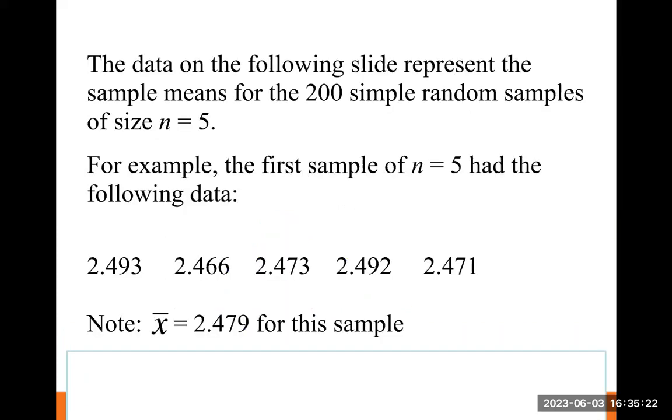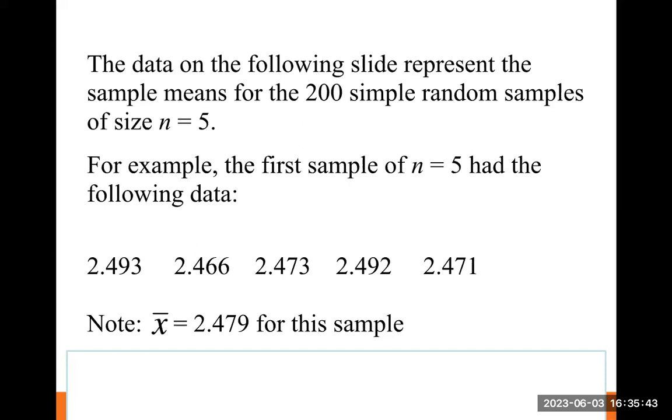So we're going to do an illustration. They find the first sample of size 5, and the weight of the first penny was 2.493. The weight of the second penny in the sample was 2.466. The third weight was 2.473. The fourth weight was 2.492, and so on. Those are the weights of the 5 pennies in a sample.